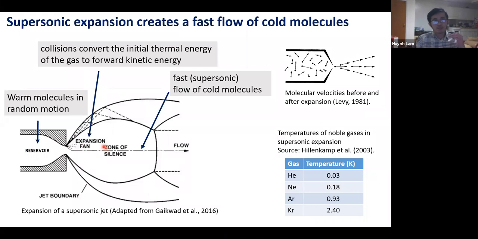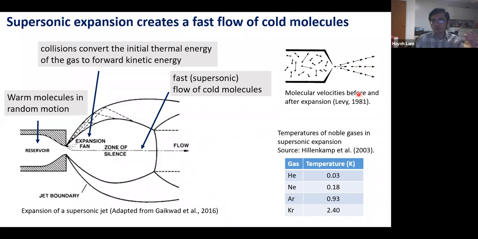When they don't collide with each other anymore in this zone of silence, the molecules will reach their lowest temperature, and we have a very fast flow of cold molecules. If you are familiar with physics, you will know that the random motion of molecules, which we call thermal motion, is closely related to temperature. However, the mean directional velocity is not related to temperature.